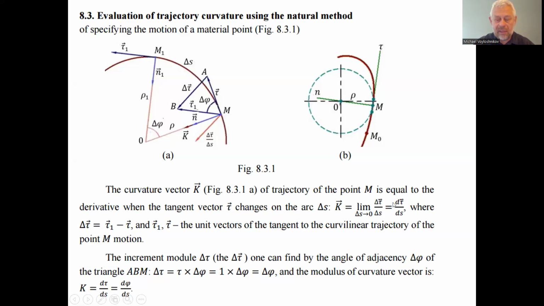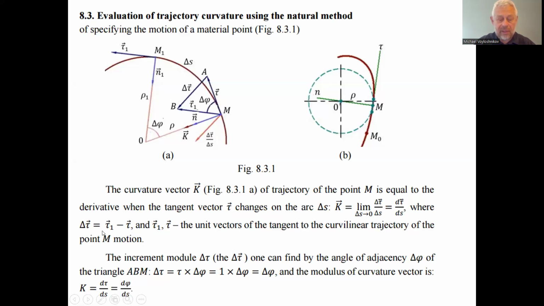We can define this as a derivative by the reference variable, the arch. The reference variable is the motion on the trajectory S. So the derivative of the ort vector tau by this variable gives another vector. We say this vector is a curvature vector.